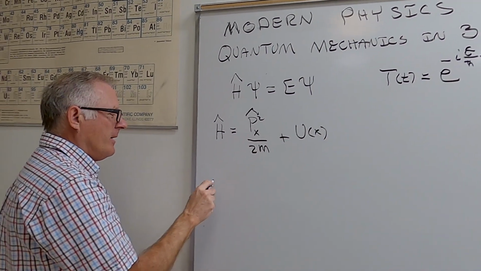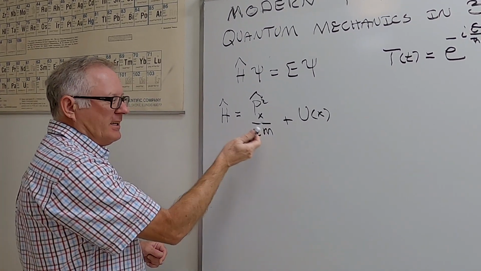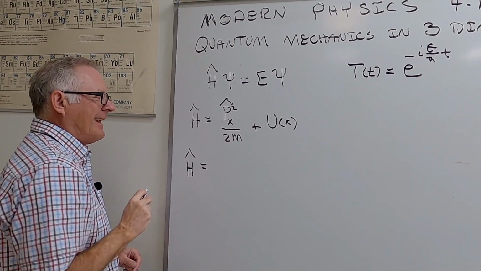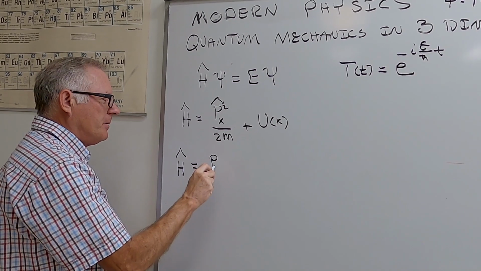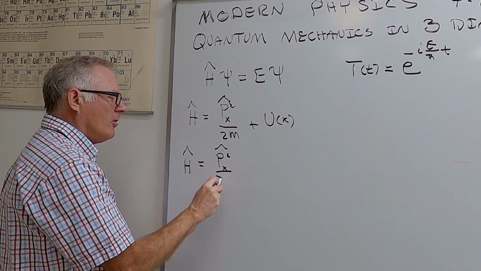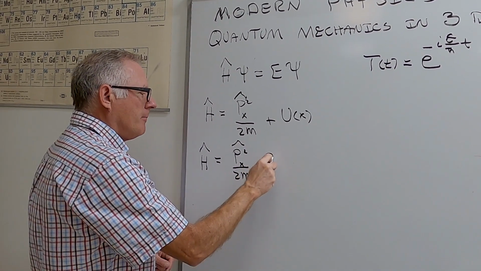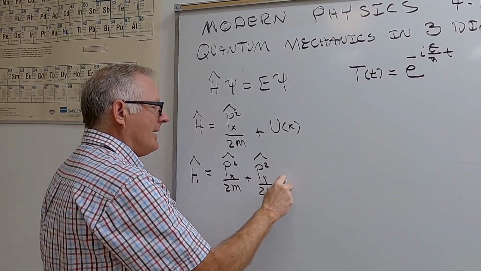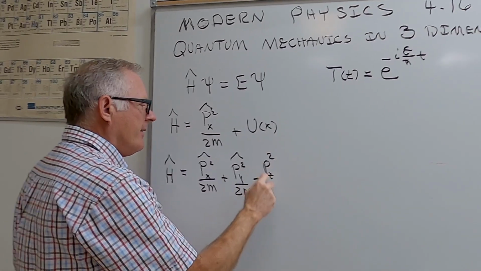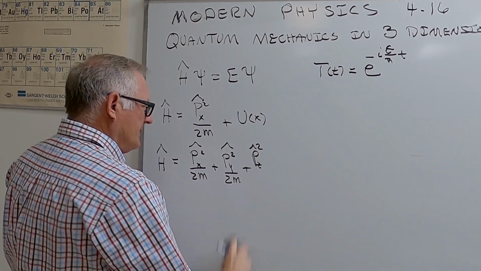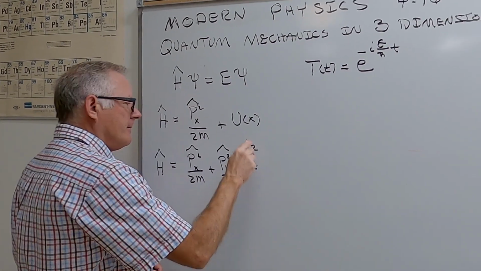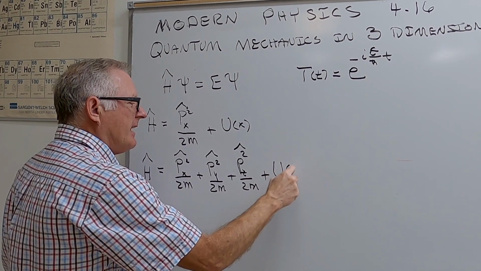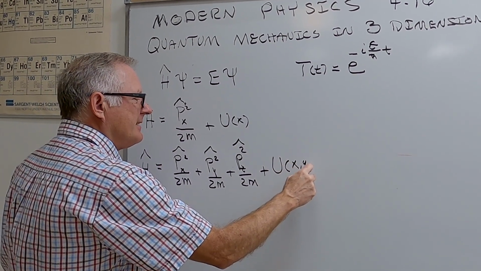But for the kinetic term, to get the total amount of kinetic energy, we need to add up all of the momentum. So it's px squared all over 2m plus py squared all over 2m plus pz squared all over 2m plus U, which is now a function of x, y, and z.